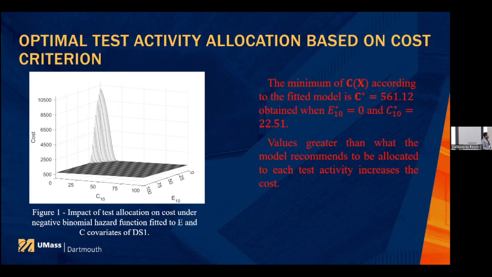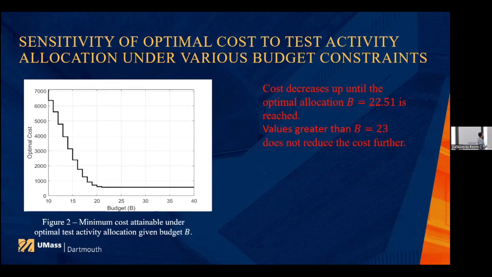It also says that values greater than what the model recommends for each test activity increase the cost. With the graph, you can see that we achieved that minimum. We also did a budget constraint, with 40 resources to be allocated, and the model still predicted that only 22.51 of those resources are needed to achieve that cost minimum. So values greater than B equals 23 do not reduce the cost further.